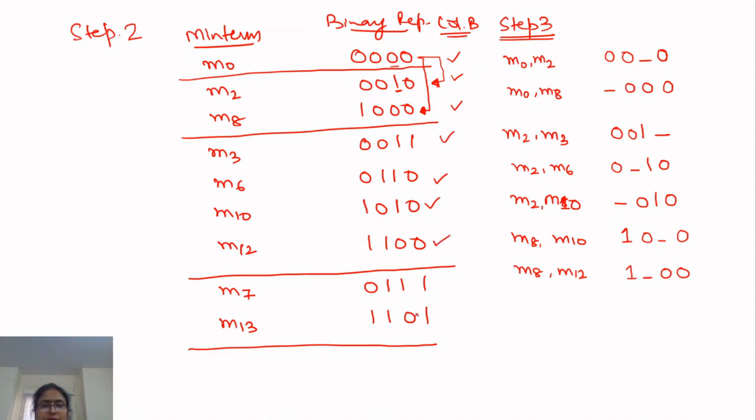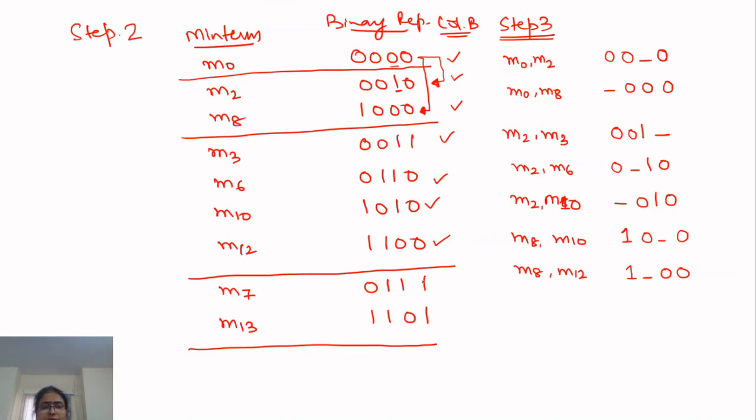So now 8 and 7, no, they are not comparable because 8 and 7 are differing on all the 4 bits. 8 and 13 are differing on 3 bits. Okay, now 3 and 6, no. 3 and 10, no. 3 and 12, no. Right?